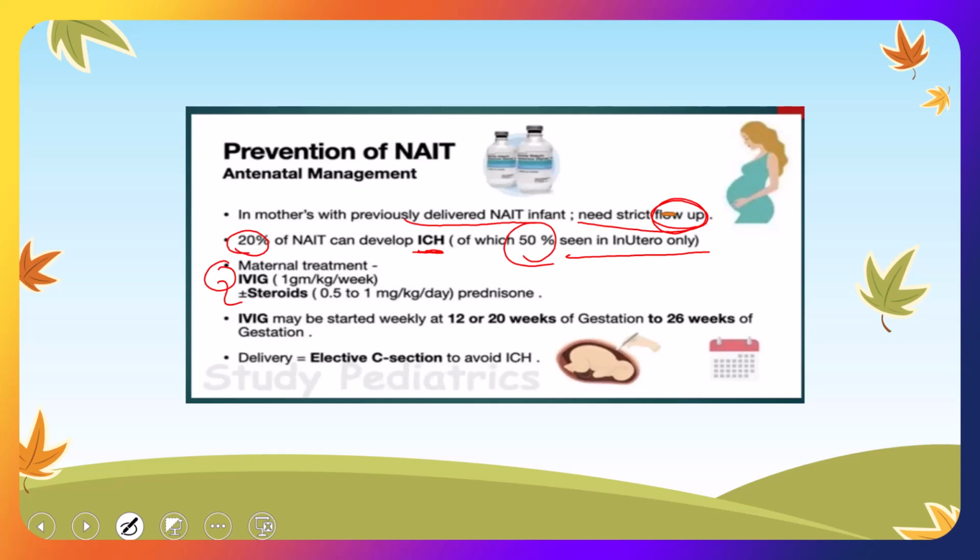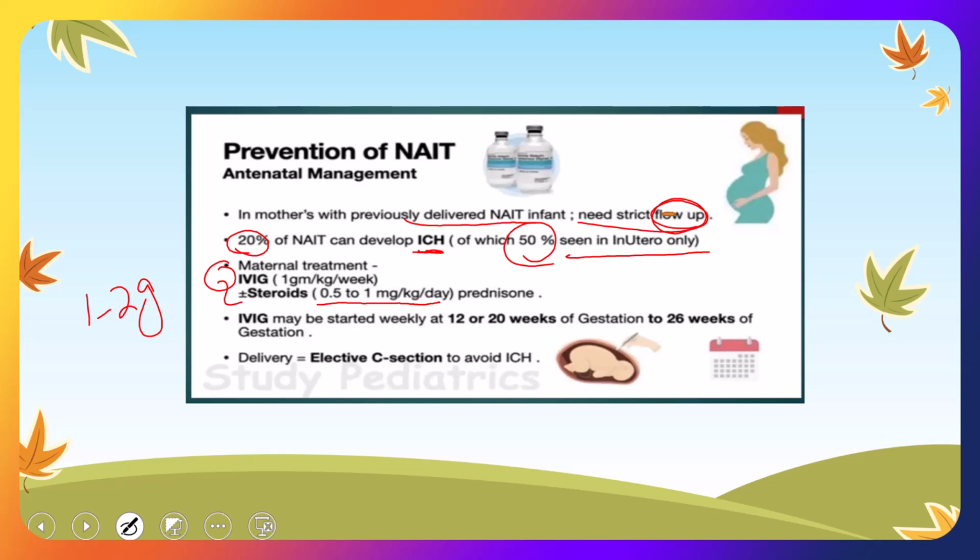Maternal treatment or management includes giving intravenous immunoglobulin in the range of 1 to 2 gram per kg per week. Okay, so it is 1 to 2 gram per kg per week, plus or minus steroids in the form of prednisolone, and the dose could be 0.5 to 1 milligram per kg per day.